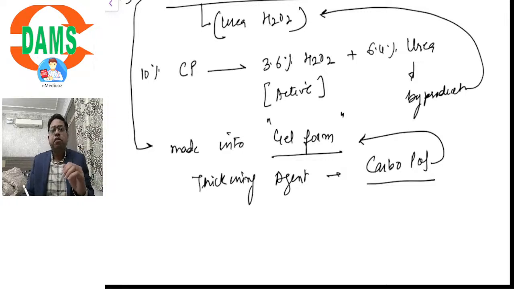We have to do a limited application of the bleaching agent to the desired area, isn't it? If it is flowable, too fluid, it would seep to other areas where we do not want the bleaching agent to come into contact. So a more precise and better application of bleaching agent is done when it is in the form of a thick gel. So what is the thickening agent added? It is carbopol, which is a polyacrylic acid polymer.